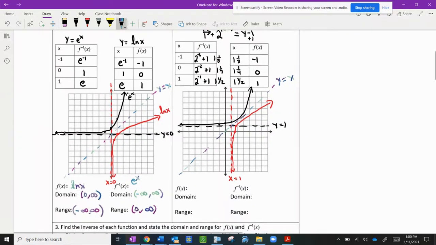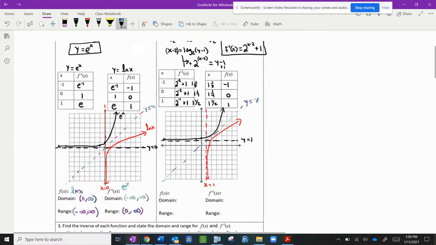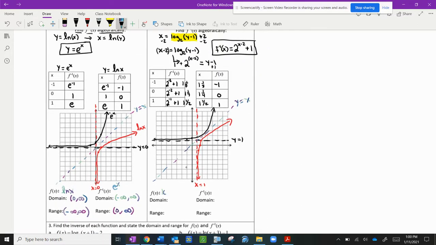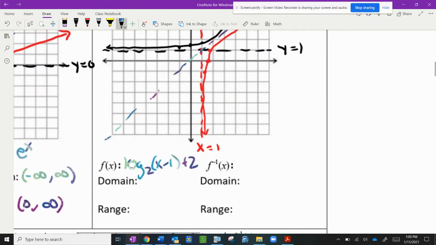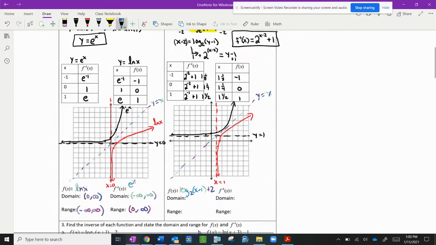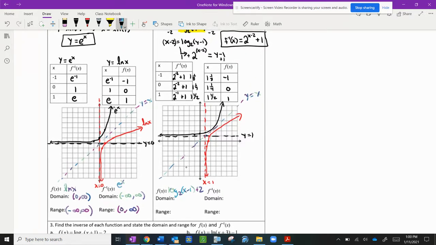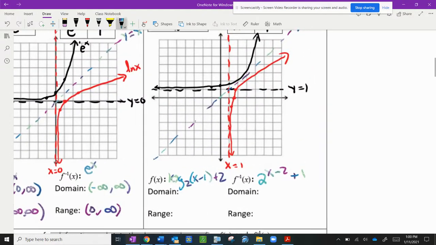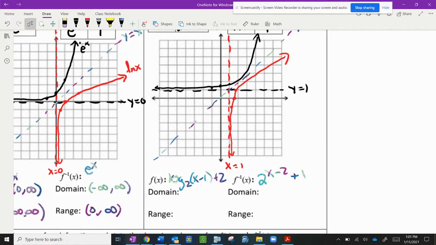And then I'm going to look at the domain of my log, which was log base 2 of x minus 1 plus 2. And then my exponential, which was 2 to the x minus 2 plus 1. If I look at the domain of my log, let's start over here first, it is going to be from 1 to infinity because it got shifted.